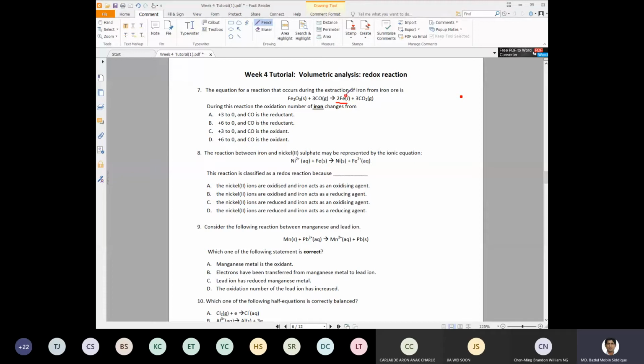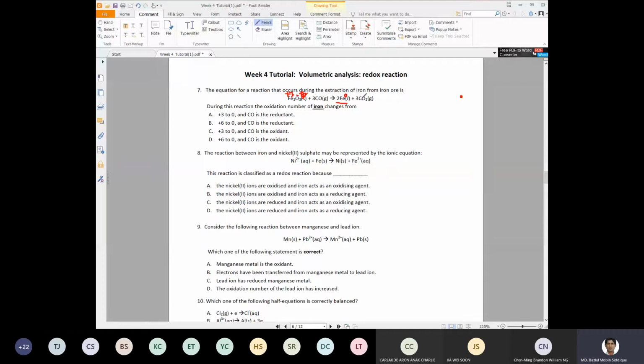That means it gains electrons, isn't it? It was positive here. Here it is -6, and it is +3 times 2, 6. So it's +3 for iron, and oxygen is -2.